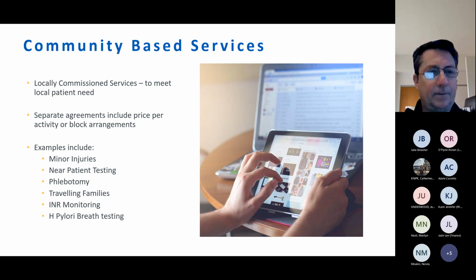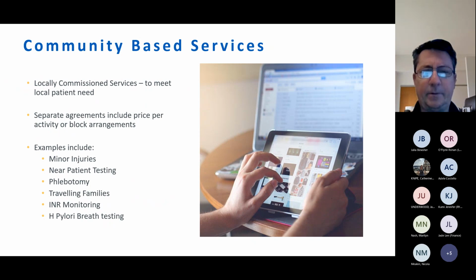You also have community-based services. These can be locally commissioned services, with separate agreements, usually done on a price per activity or a block arrangement, but a lot are price per activity. They can be things like running minor injuries clinics, near patient testing, and phlebotomy.